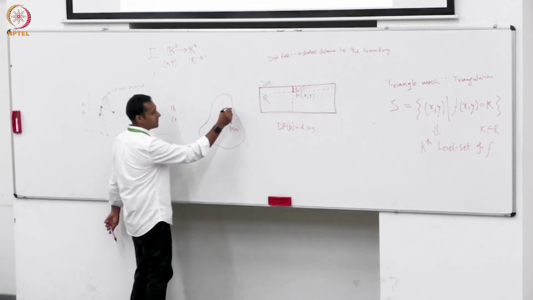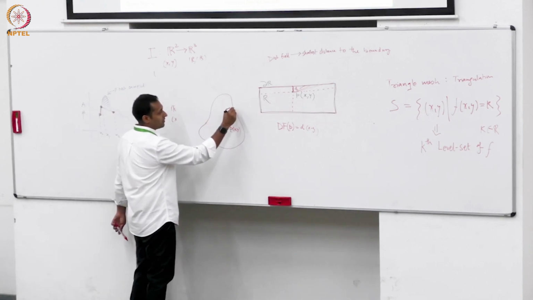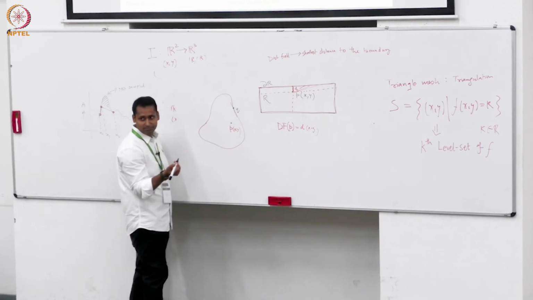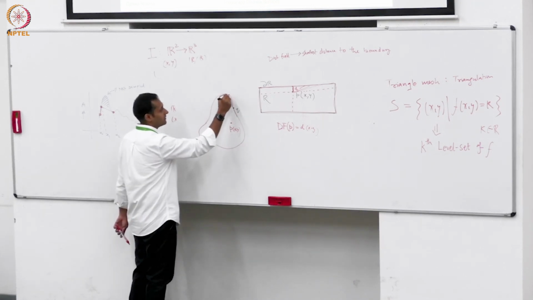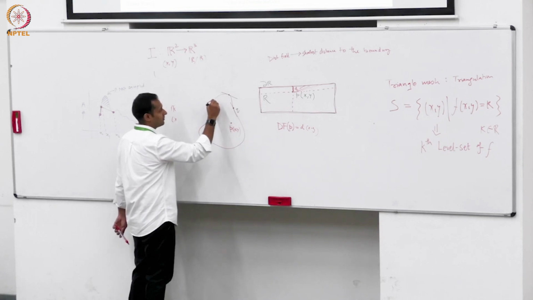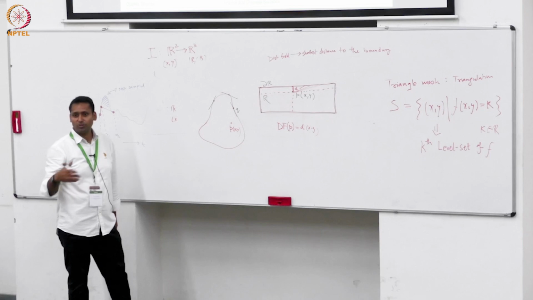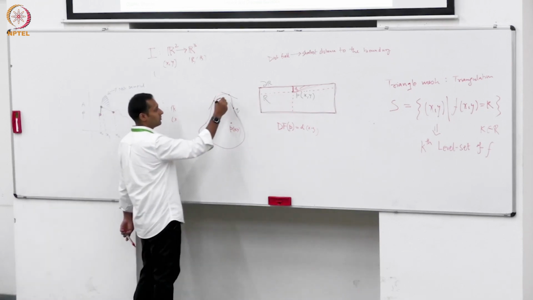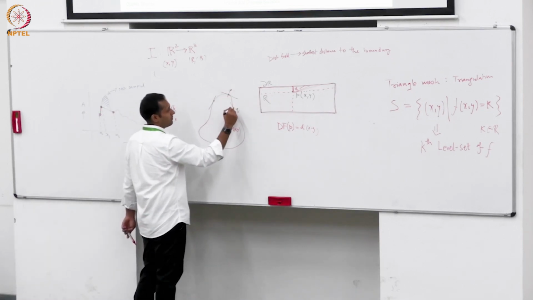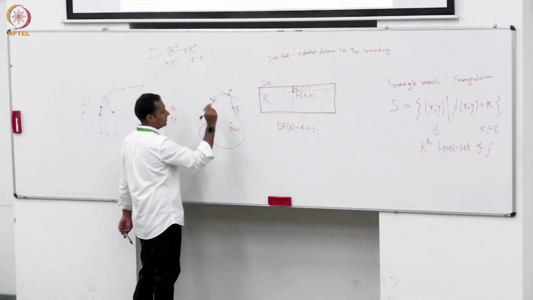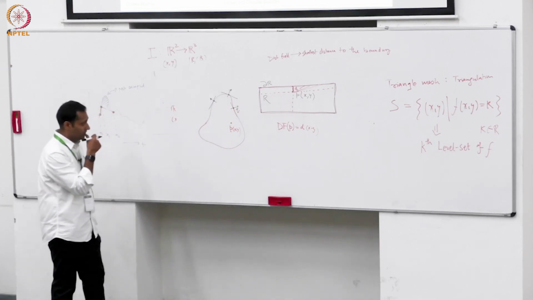So I take a point, and let me call it Q. There's going to be a tangent. At any point I can define a tangent, right? And because there is going to be a tangent, there is also going to be a normal vector, just for your knowledge. The normal vector is like this, perpendicular to the tangent. Anyway, don't bother about normals as of now.